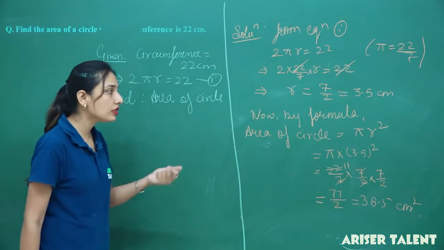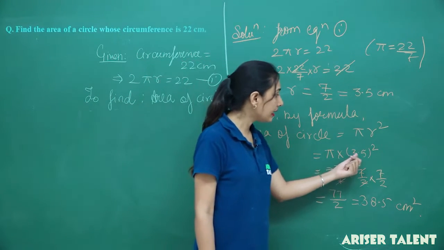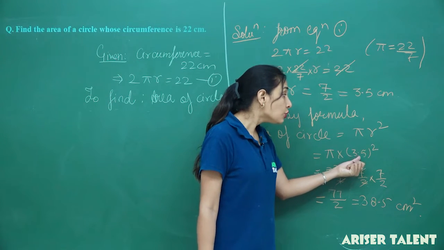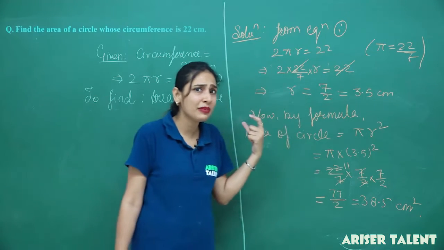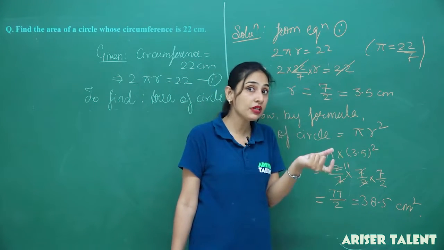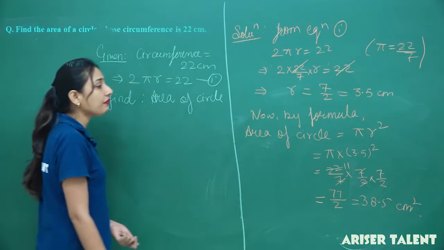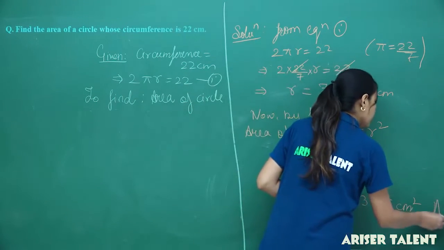Don't forget to use the units here. The area will be in centimeter square. 3.5 centimeter was your radius, so 3.5 centimeter multiplied by 3.5 centimeter. Whatever the digits multiply, centimeter will be multiplying by centimeter, and that gives you centimeter square. So 38.5 centimeter square will be your answer here. This is your answer, students.